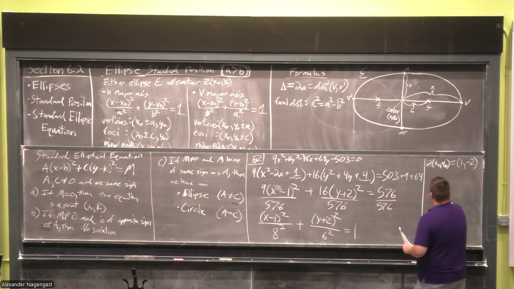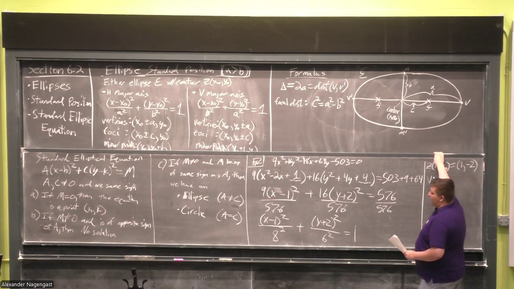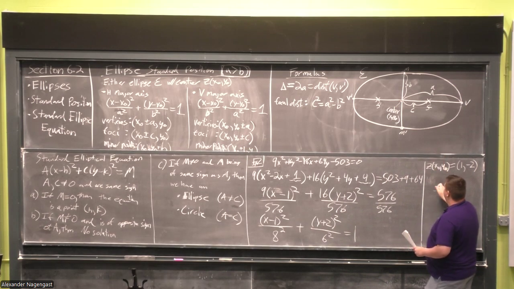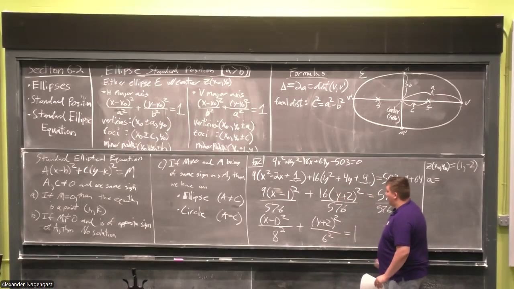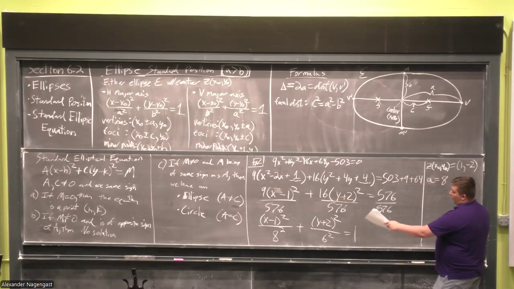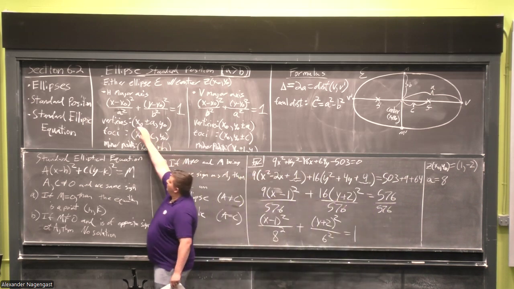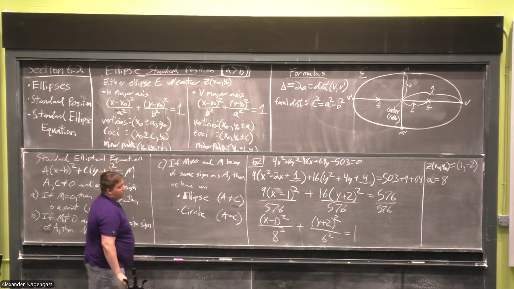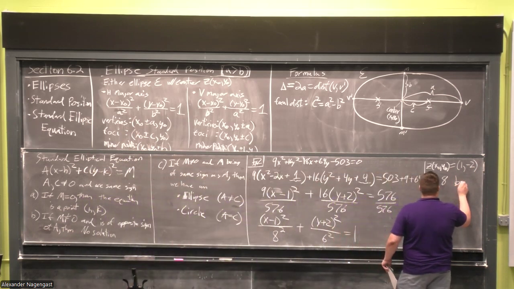And so then our vertices, I'm just going to label them as V. Actually, let's do this first. What is our a? Our a equals whichever one is bigger here. Well, that's 8. Our 8 is underneath the x's, so we must have a horizontal ellipse. So let's fill this in with our b is equal to 6.